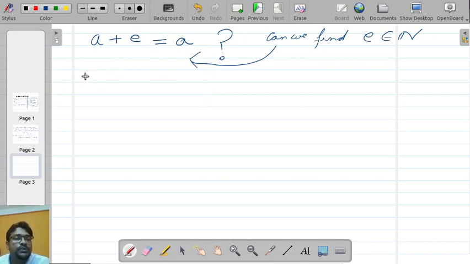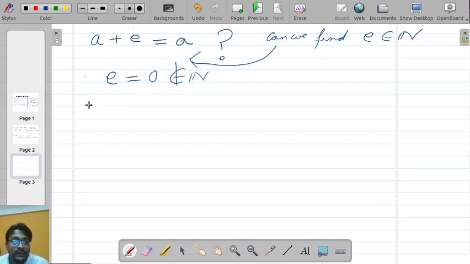If you think nicely, by our idea of equations, if such an e exists, then e has to be 0. So 0 is not a natural number. In the set of natural numbers, we cannot find an element e which when added to any other element gives the same element back. That is not possible in the set of natural numbers.